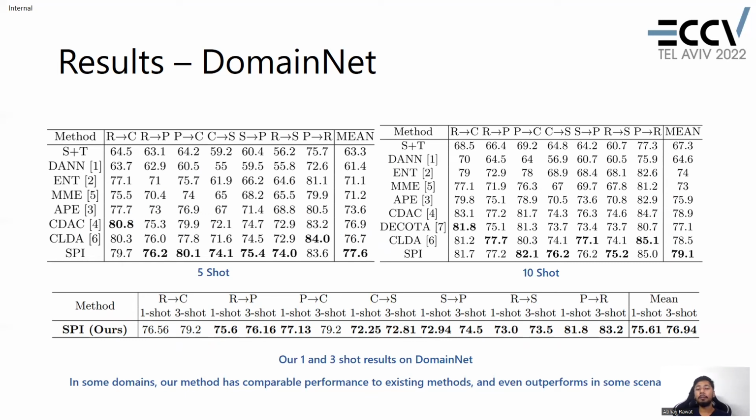Here we can see that our method's performance in 1 and 3-shot settings is comparable to the existing approaches trained on 5-shot and 10-shot settings, and even outperforms them in certain 5-shot settings. This shows the efficacy of our approach, especially when supplied with a large number of unlabeled samples.